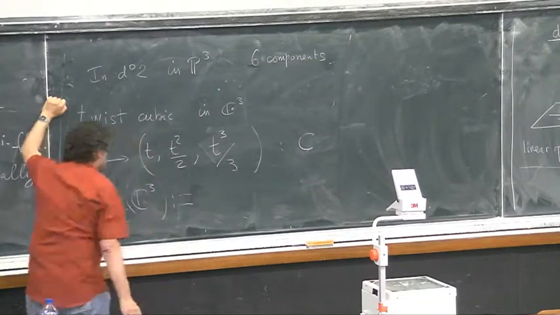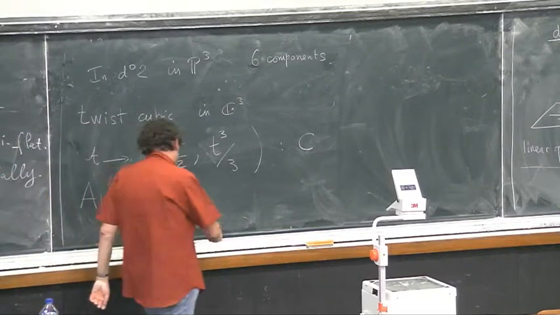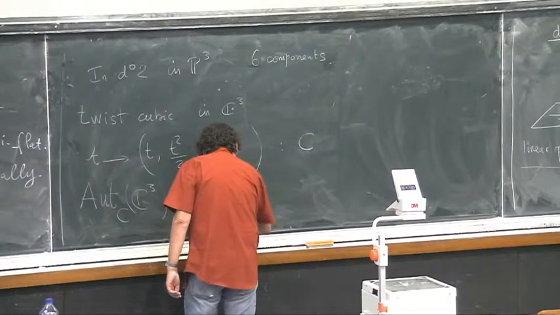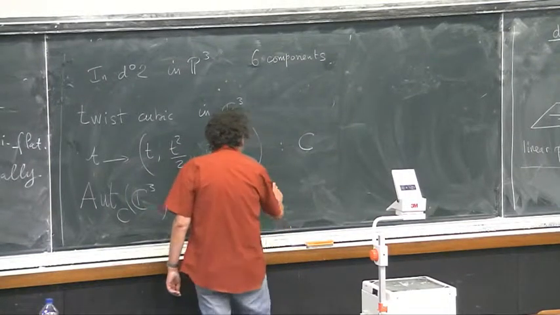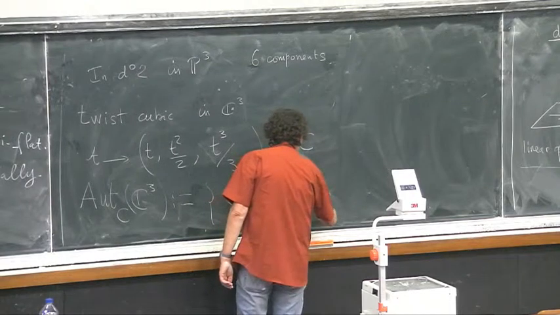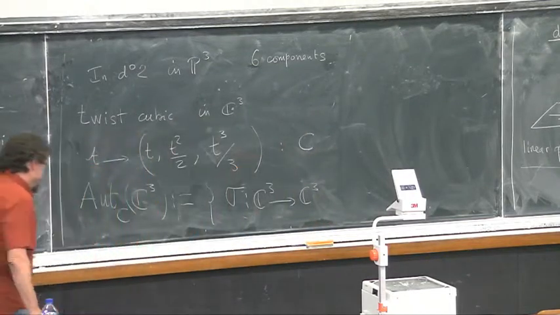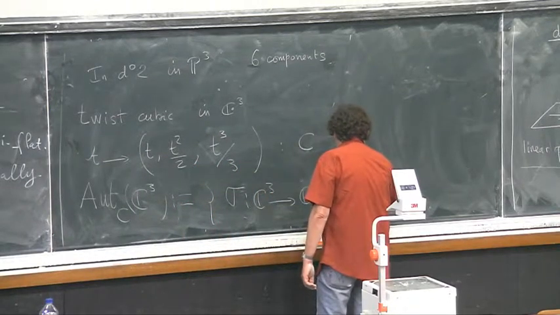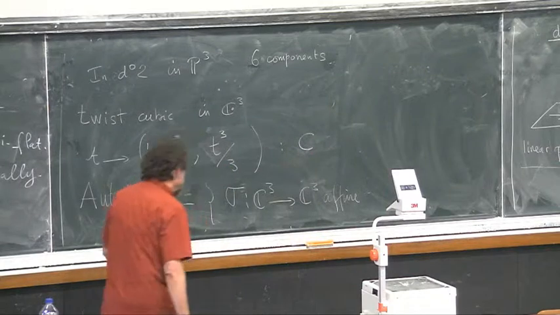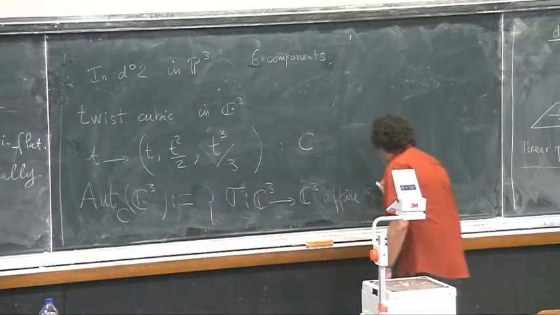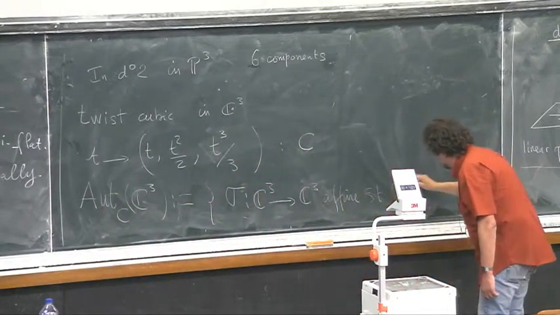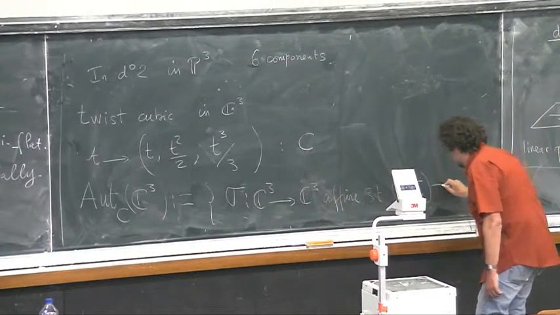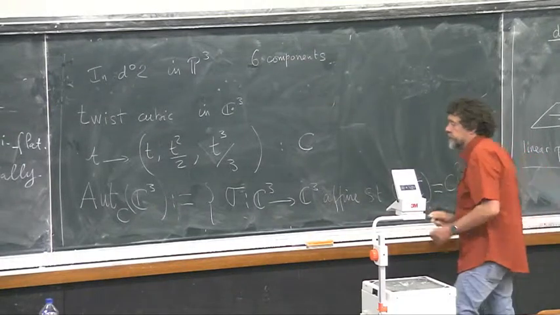the group of affine transformations C3 to C3, affine, invertible, such that the cubic is invariant by this transformation.